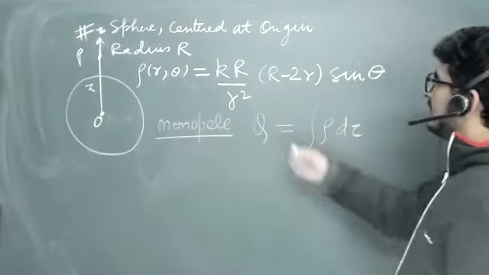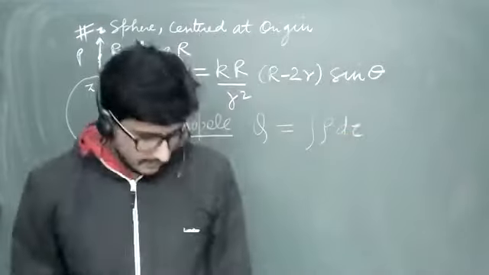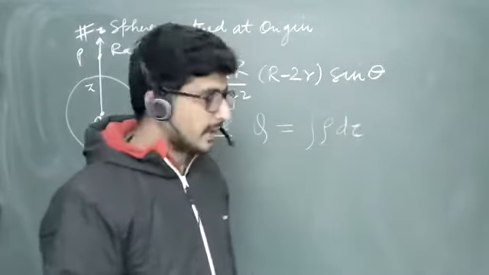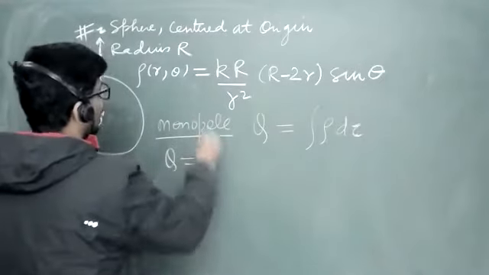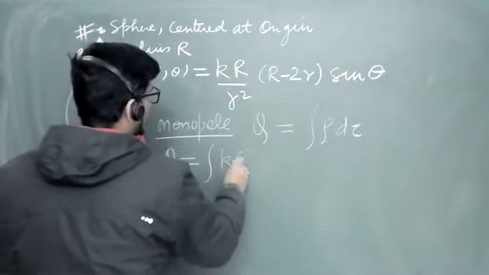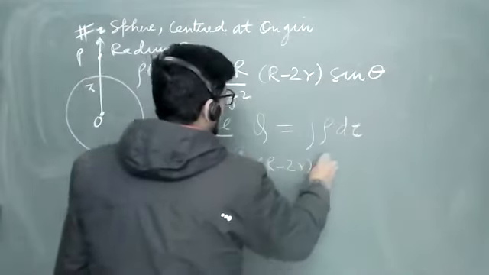So this is simply in our coordinate system. We know where the center is, we know what the radius is. So let us get it. Q is equal to integral of rho, k r by r square, (R minus 2r).